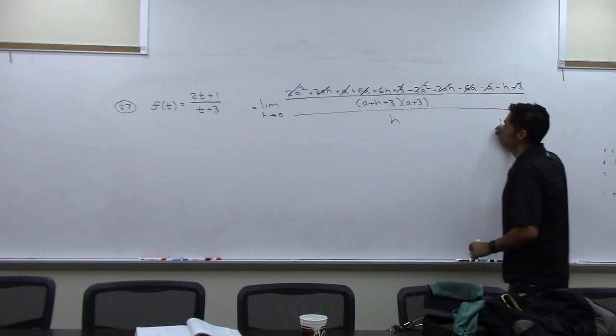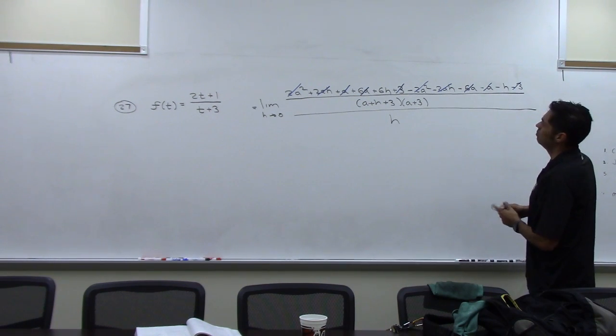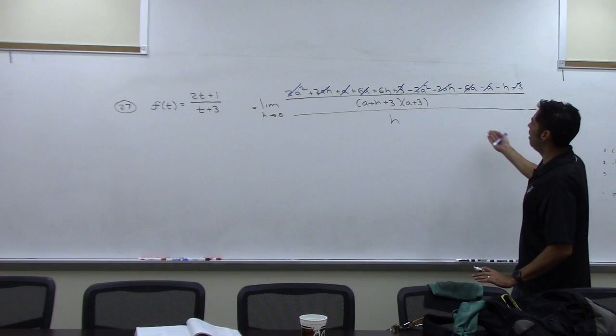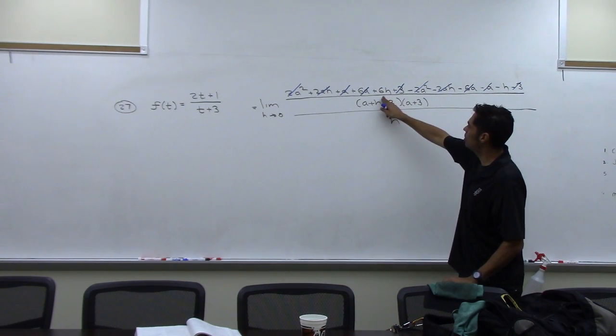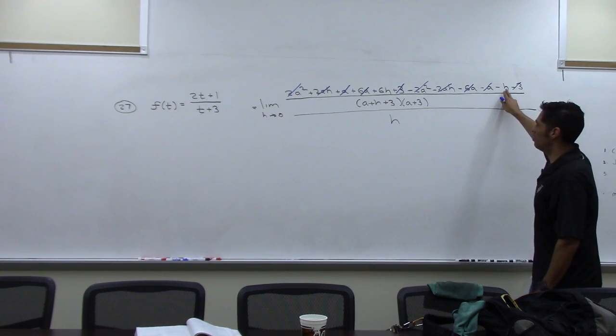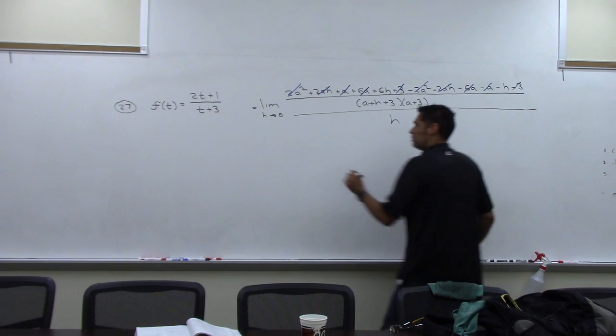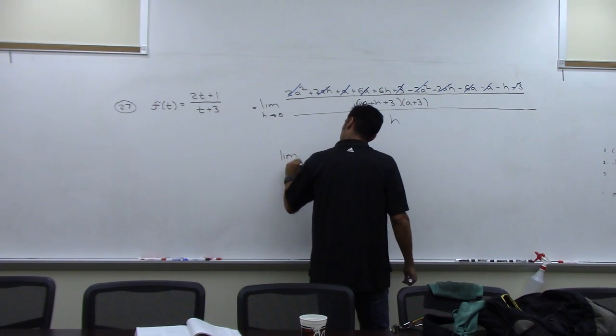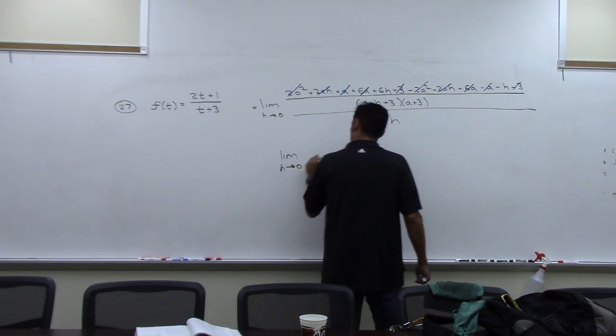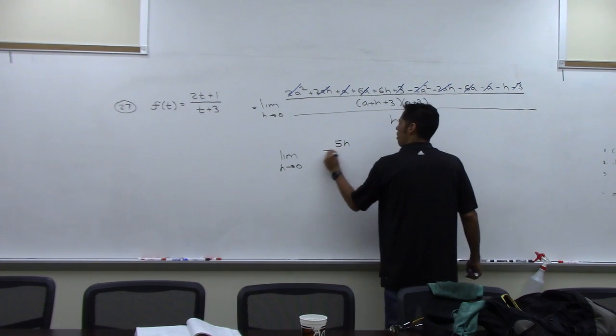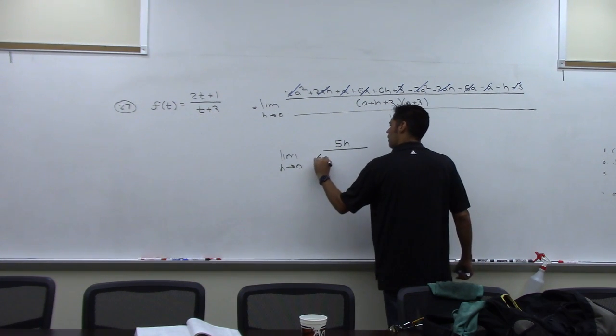Man, there's a lot of stuff going away. The only thing left on top is 6h and minus h, which is just 5h. 5h on top over the common denominator.